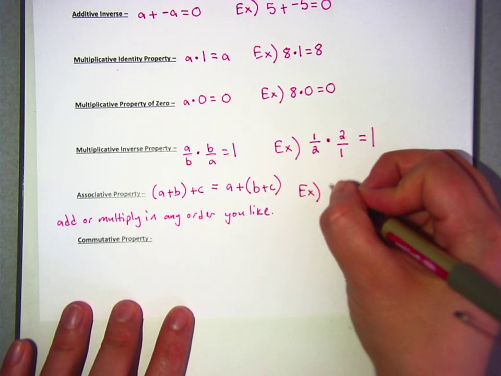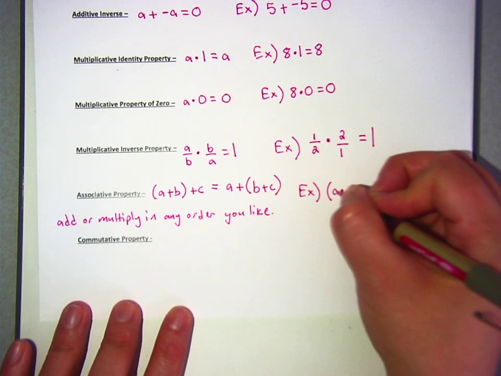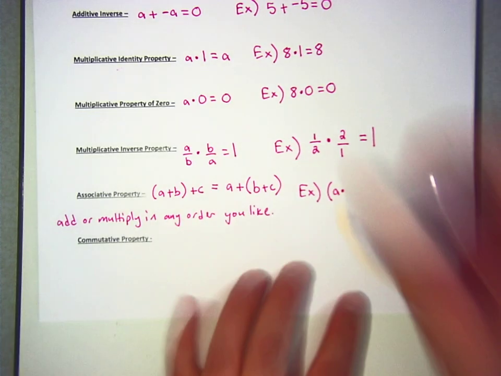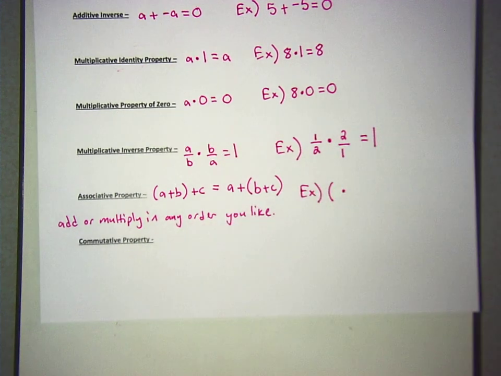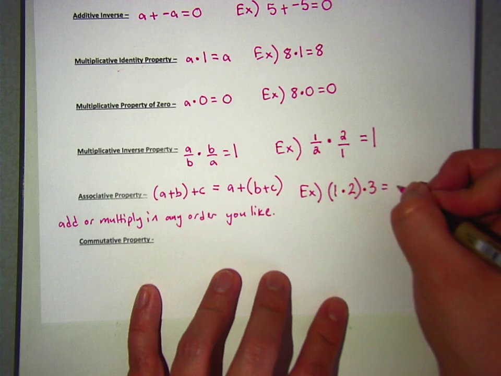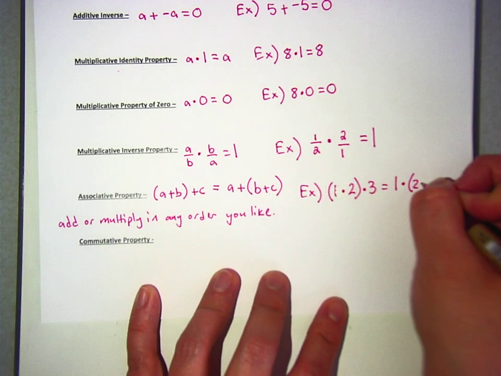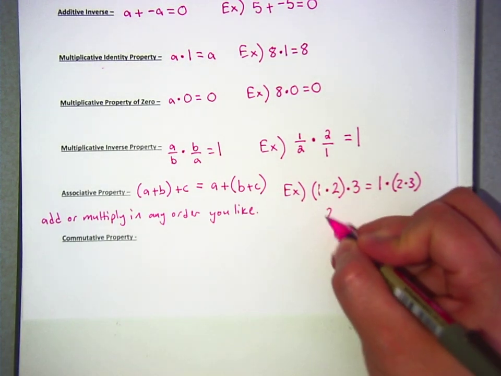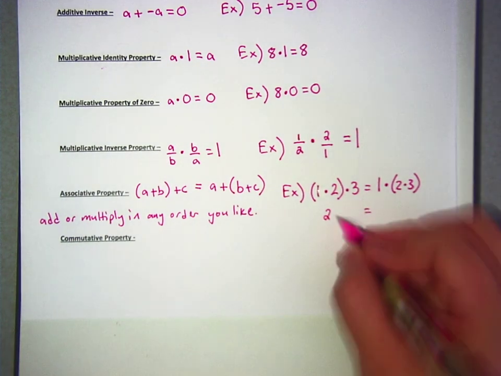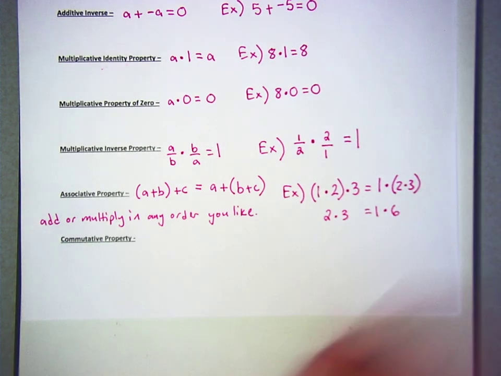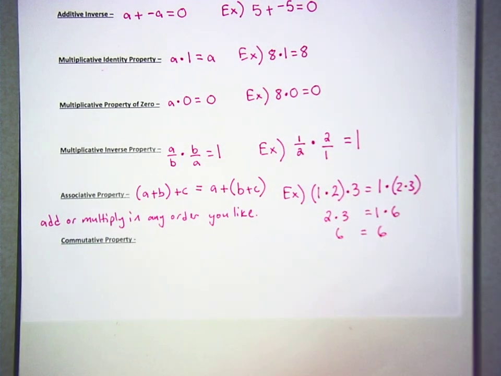I'm going to do a multiplication example. I need actual numbers in there. 1 times 2 times 3 equals 1 times parentheses 2 times 3. 1 times 2 is 2. And over here I'm going to do this parenthesis first. 2 times 3 is 6. See how I get 6 on both sides? It doesn't matter what order you multiply things in or the order you add things in. You'll get the same answer.